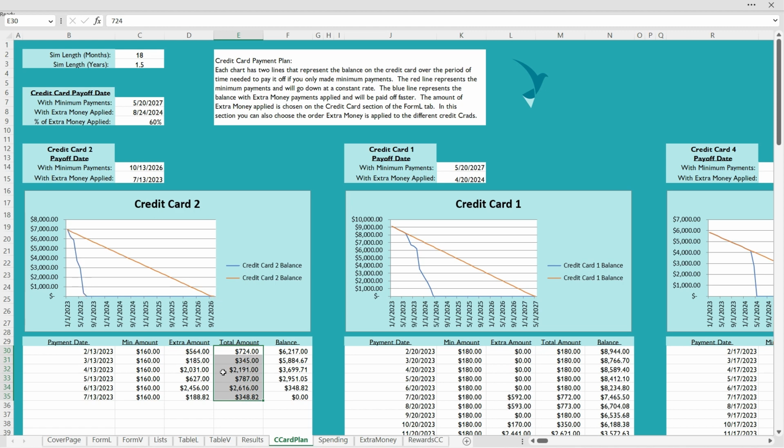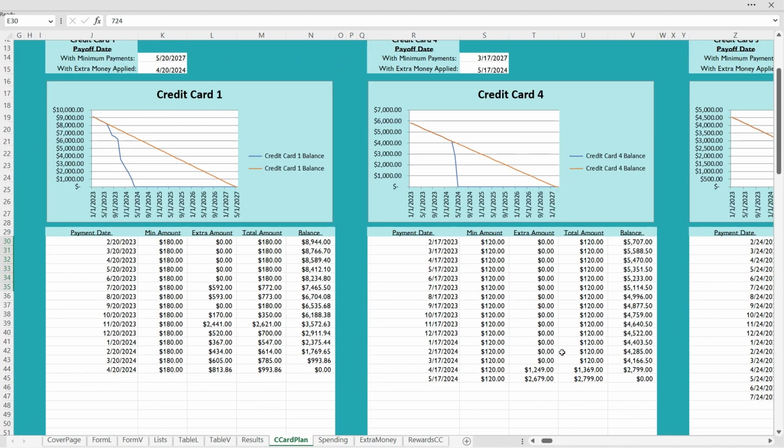So you can see how much faster it is paid off because there's so much extra money available. And once this is done in July, extra money will start to be applied to the next card. Starting in July, this one will be paid off faster until May 2024, and that'll go to the next card, right? So it's getting minimum payments applied until it gets the extra money from the other one.